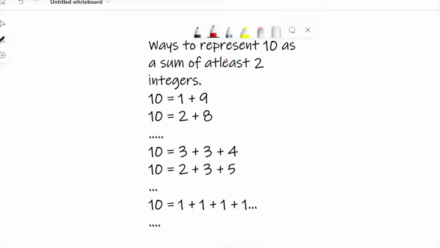Now we can divide 10 as 10 equals 1 plus 9, 10 equals 2 plus 8, 10 equals 3 plus 7, and so forth, and we can keep on doing this, and the last result would be 10 equals 1 plus 1 plus 1 plus so on. Now this is very bad, we know this, because the product will just be 1.